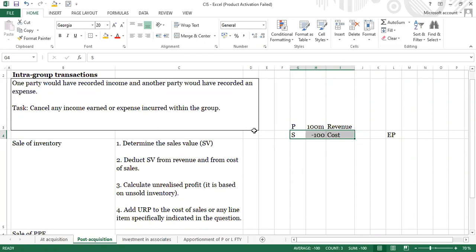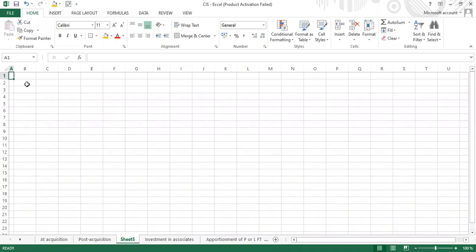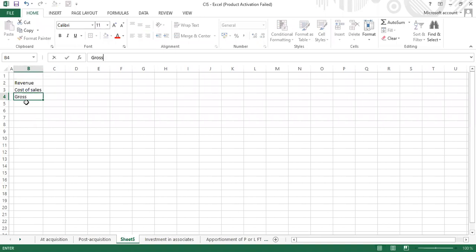Look at it. Let me do a format. You have revenue, you have cost of sales, and afterwards you have gross profit. Let's say revenue is 200 and cost of sales is 120.